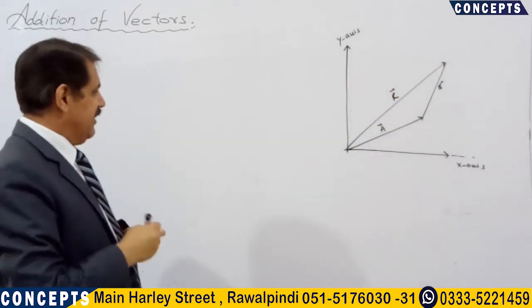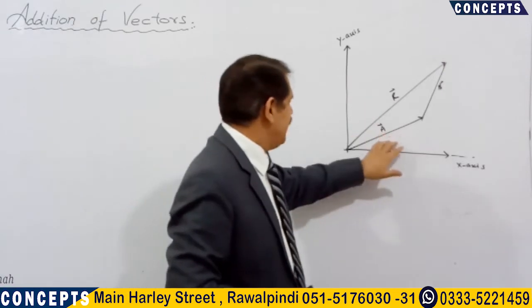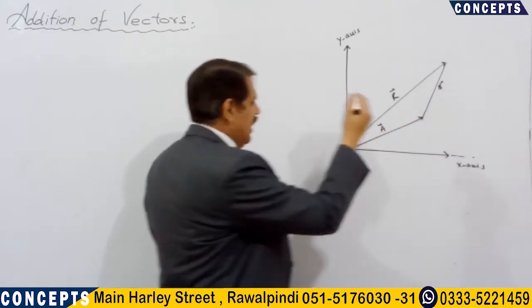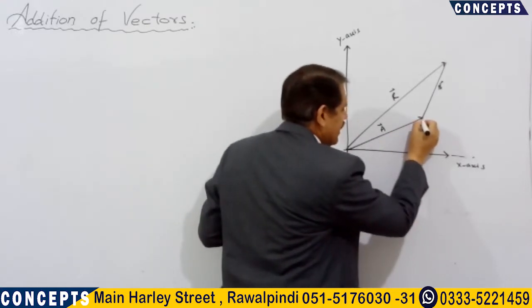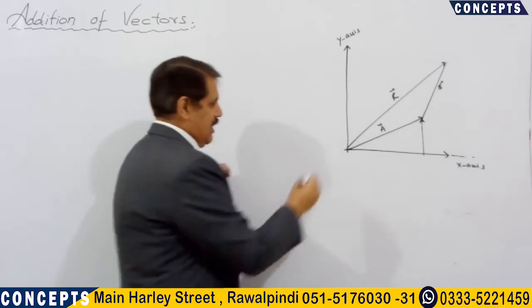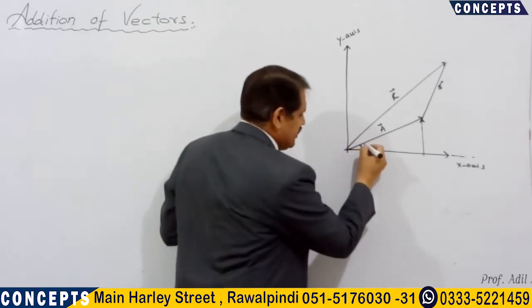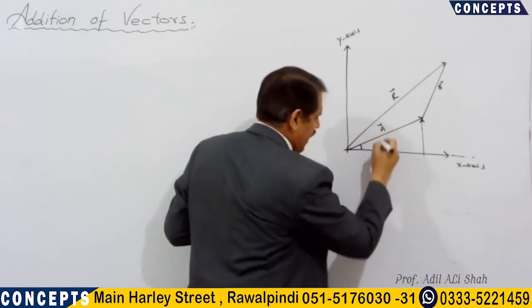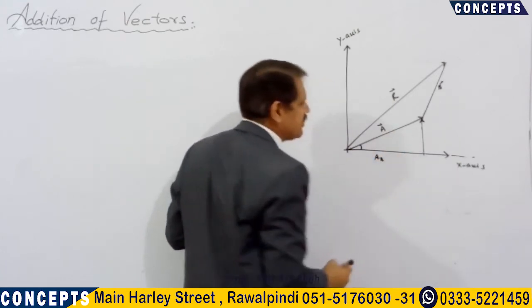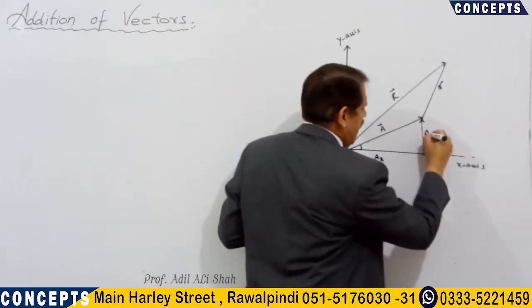Now, as we said that we will add these by the analytical method, first of all, we will resolve this vector A into its components. If this is A, it is Ax and this is Ay.